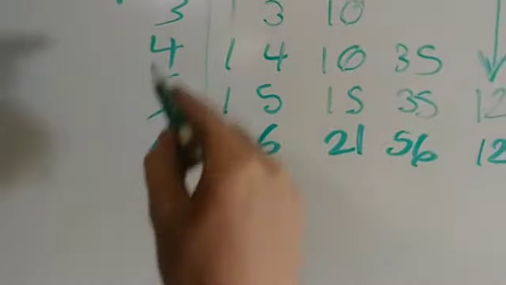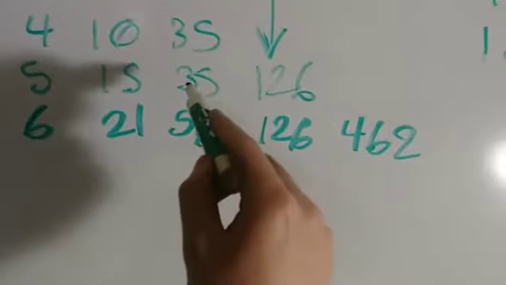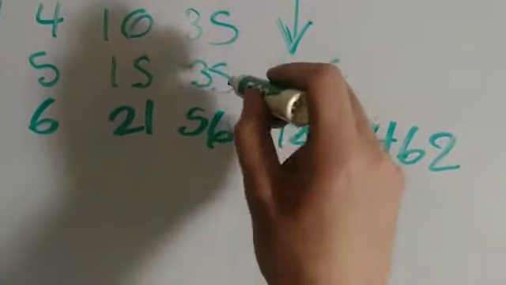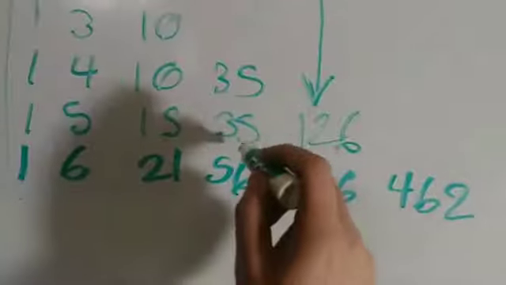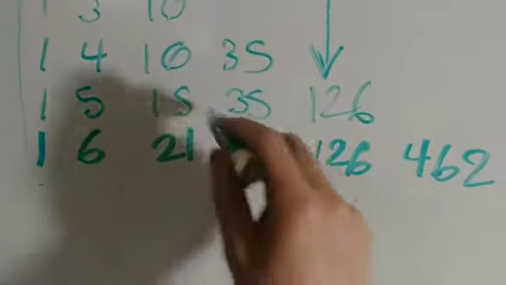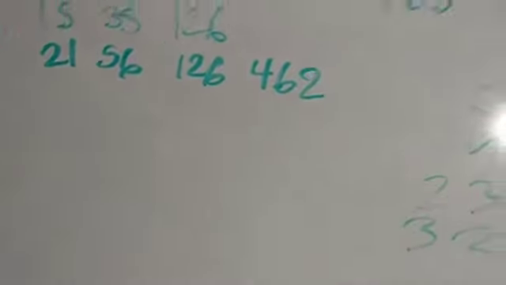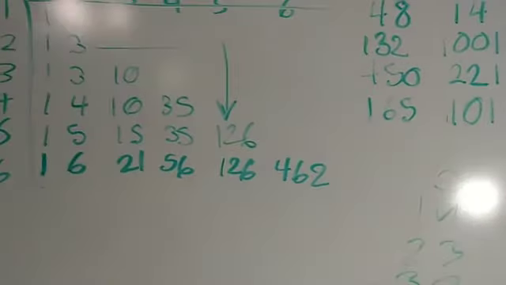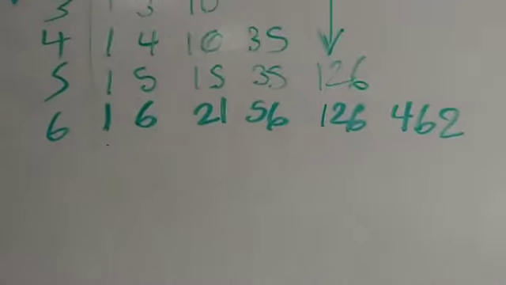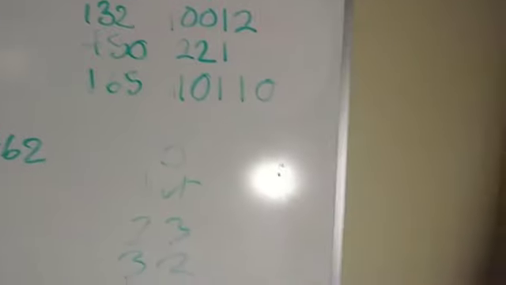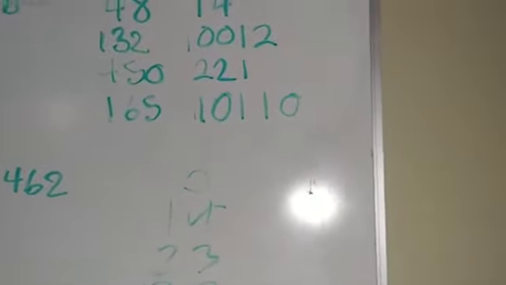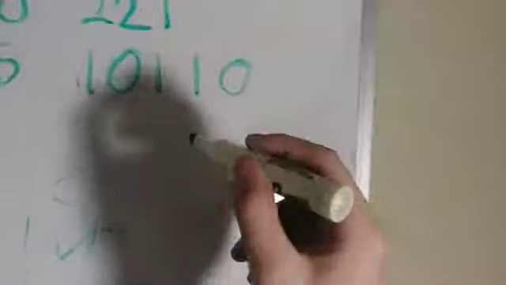So the number is P54. P54 is 35. So 132 can be found within this 35 right here. Now, where is it within this 35? That is a little bit more difficult of a task to figure out. But it's not that bad.